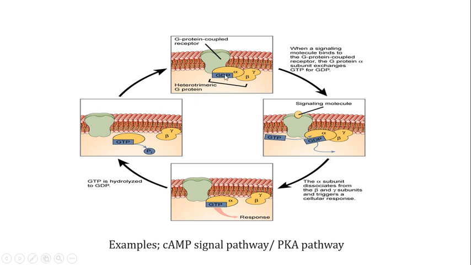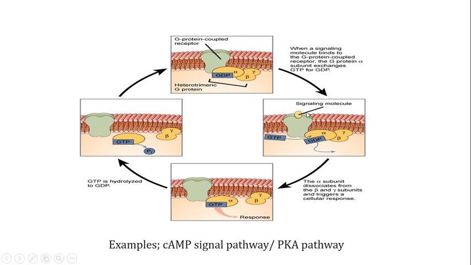So in the heterotrimeric G protein, the alpha subunit is bound to a GDP molecule. This is actually the inactive form of the G protein. When there is no ligand bound to this G protein-coupled receptor, the alpha subunit of the G protein is bound with a GDP molecule.